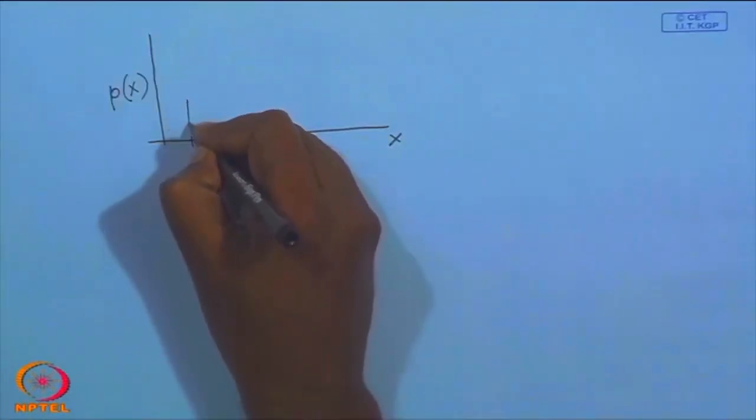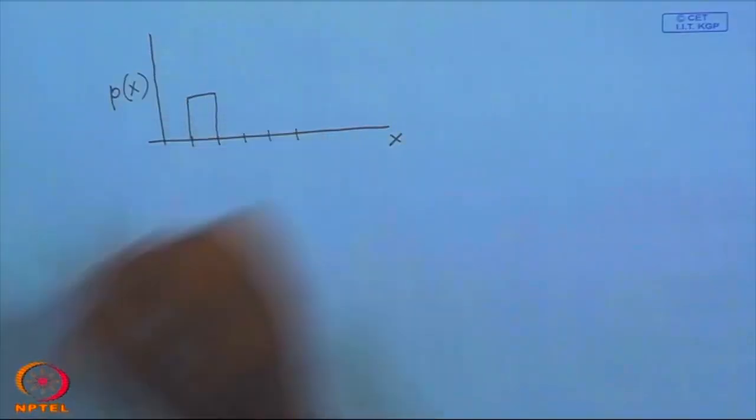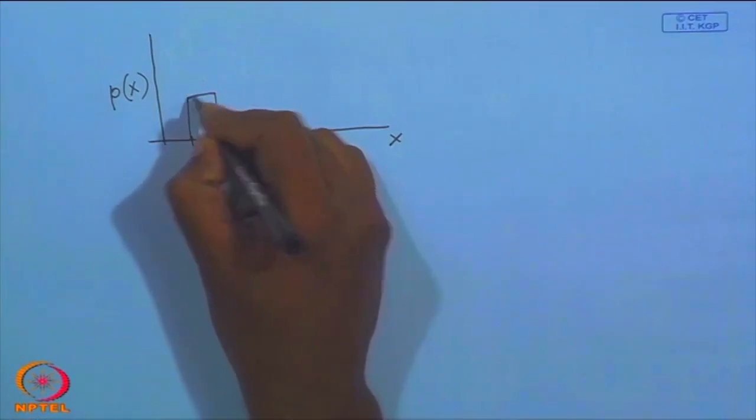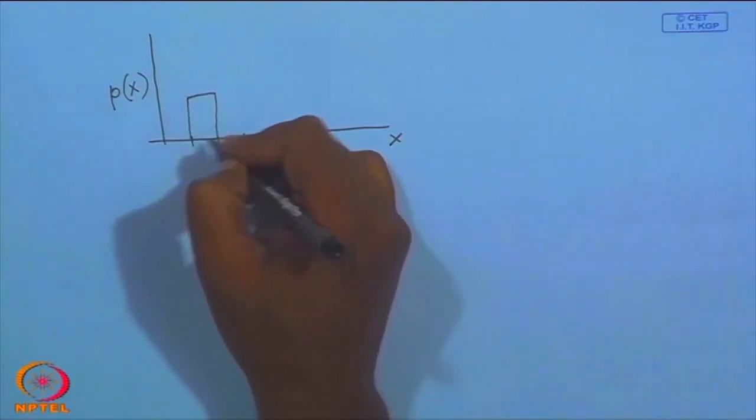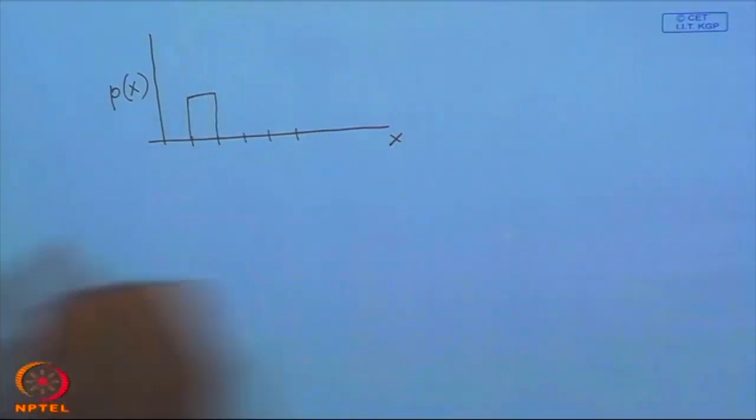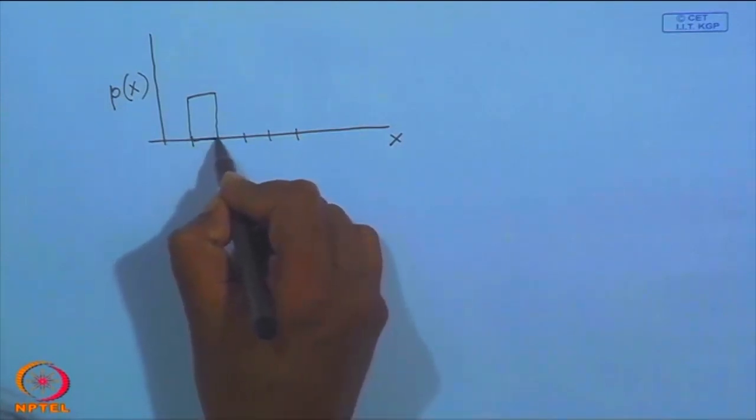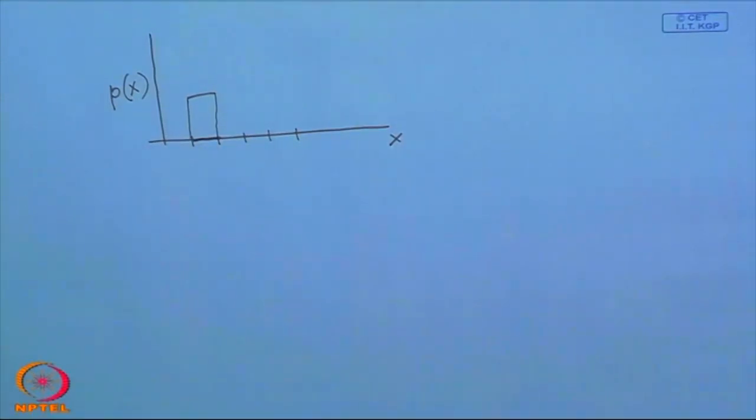So, it is something like this, where the height of this bar, which is the value of the probability density within this cell, is determined by the fraction of the training samples which fall under the bin, and also by the width of this particular bin.